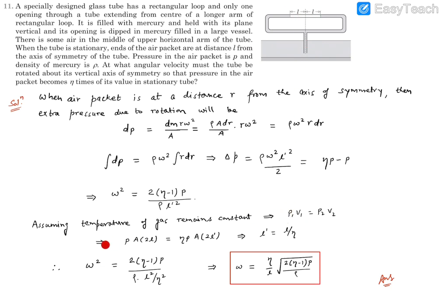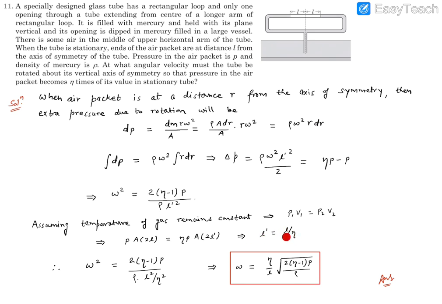P1 is the initial pressure, which is P. V1 is the initial volume, which is the cross-sectional area A into the entire length, which is 2L, equal to P2, the final pressure eta P, into the volume, which is A into 2L prime, because the final length is L prime from the axis of symmetry. So this gives us that L prime is equal to L by eta.